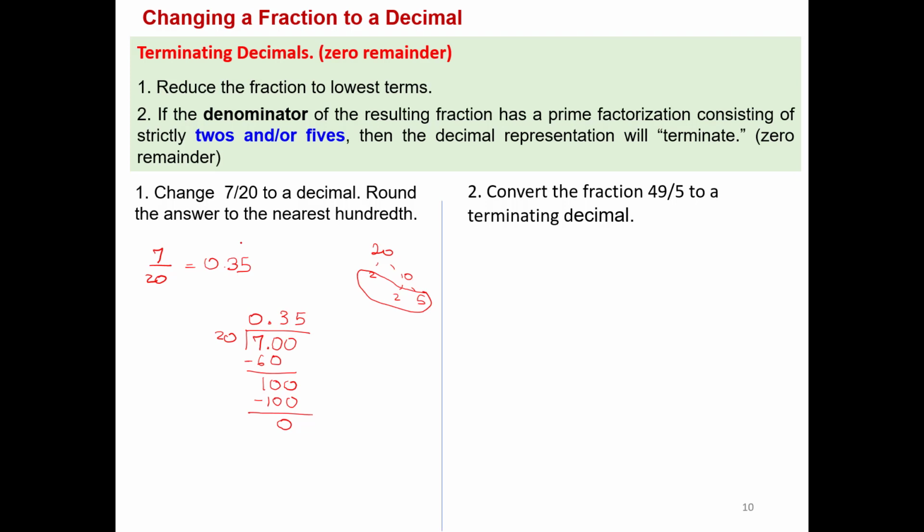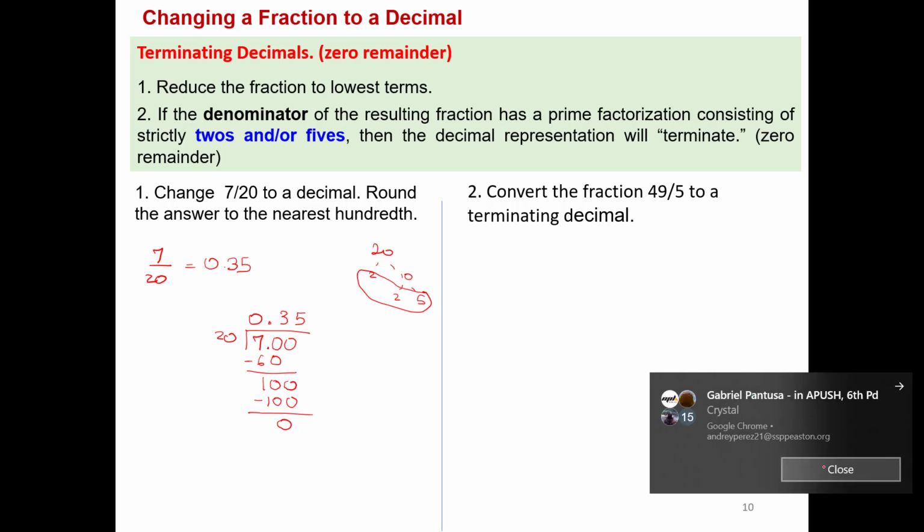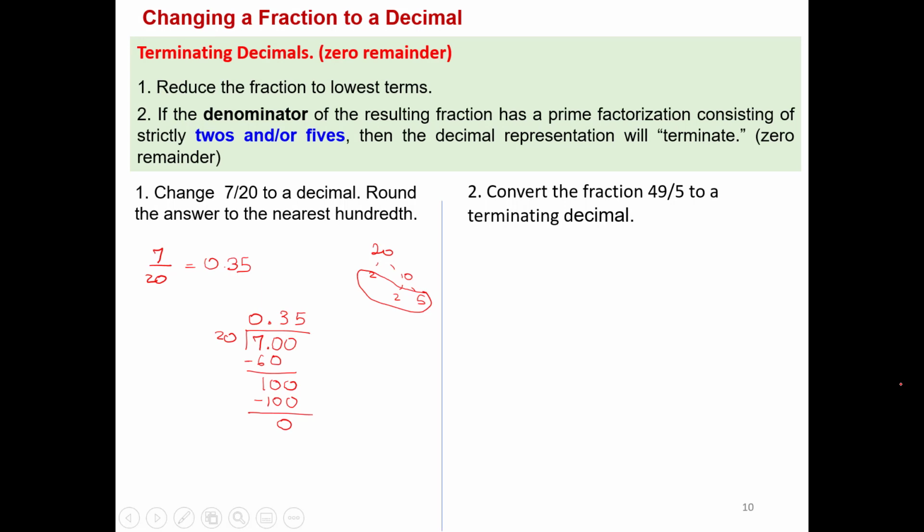The next problem, we want to convert this fraction 49 over 5 to a terminating decimal. Then let's write it: 49 divided by 5.